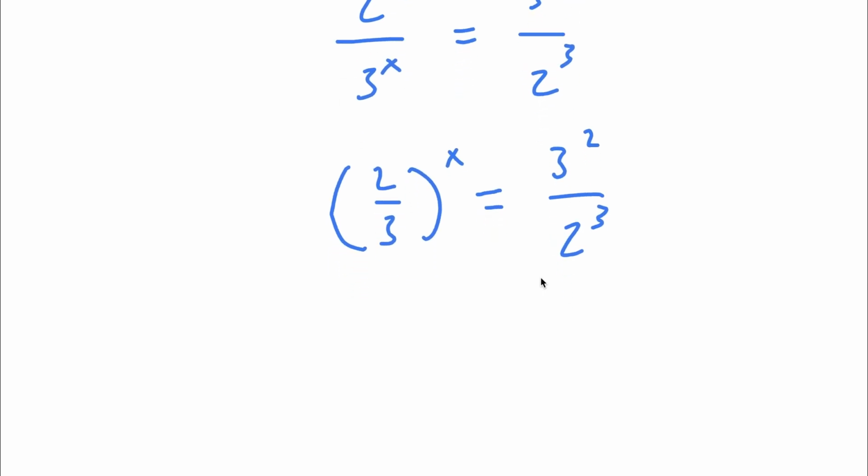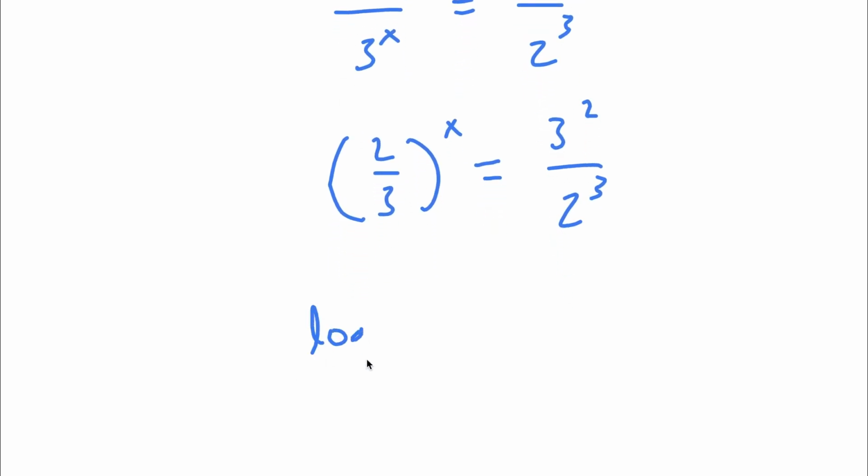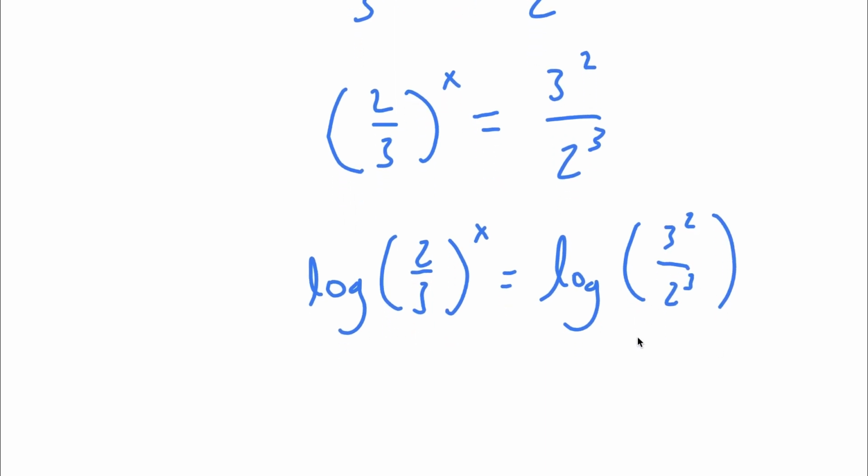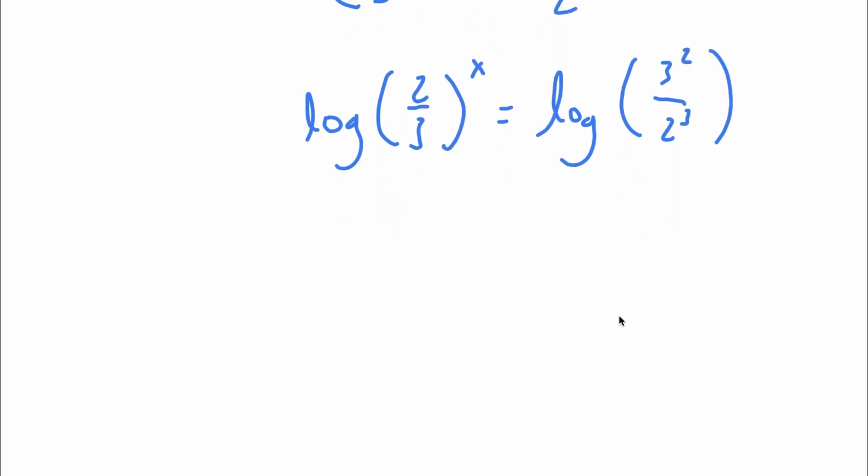And now if I take my log on both sides, I have log 2 over 3 to the power of x is equal to log 3 to the power of 2 over 2 to the power of 3. So now, I can actually move this x to the front. So this is going to equal x times log 2 over 3.